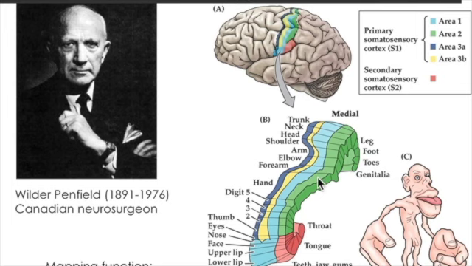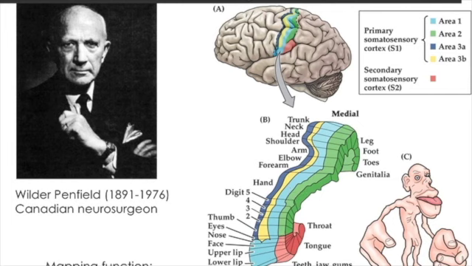Some parts that were more sensitive tended to have more brain real estate devoted to them. Hands and fingers, for instance, are very sensitive parts of the body, and so they mapped onto larger regions of the somatosensory cortex.